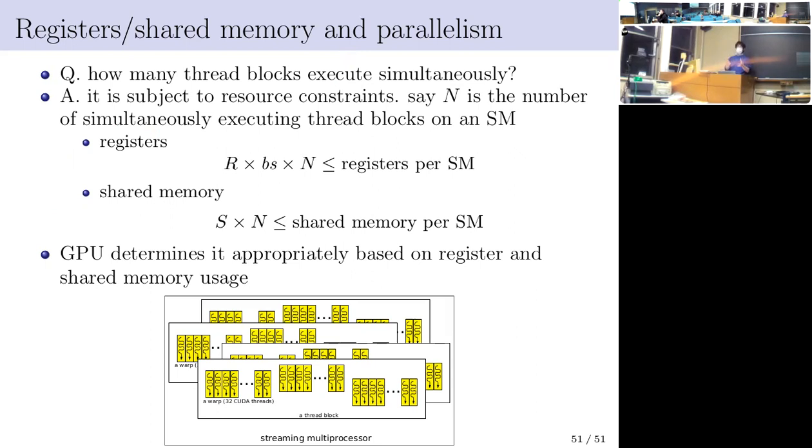When you have an idea about how many thread blocks can actually execute simultaneously on each streaming multiprocessor, you simply multiply this number by the number of threads in each thread block to get the number of threads simultaneously executing on a single streaming multiprocessor, which is a good approximation of the parallelism you have on each streaming multiprocessor.